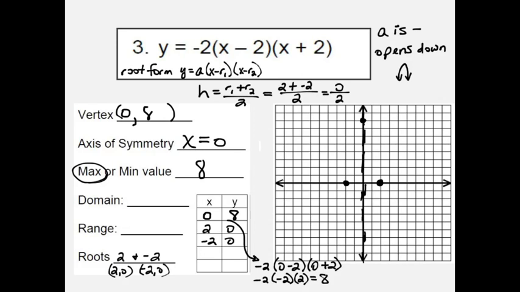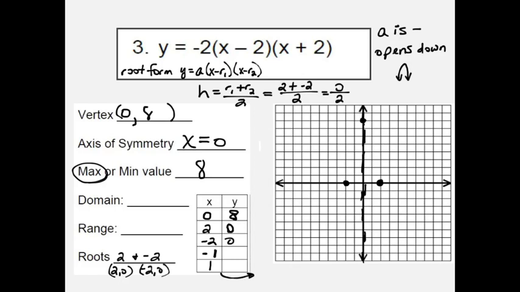So we know 3 points. We need to get 2 more. So I'm going to look for points one away from the vertex, which is at 1 and negative 1. So let me erase so I have room to calculate that. Erase all of this. And I kind of marked out my 8, so I'll put that back. And that's a 0. Okay. So let's just do 1.